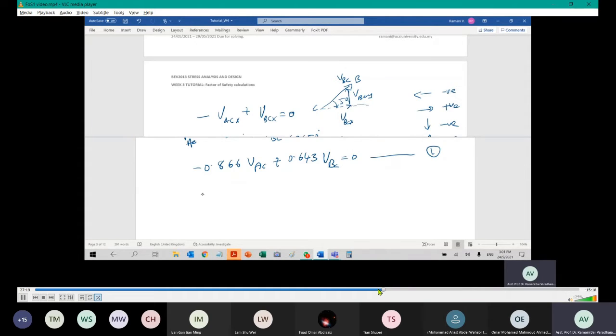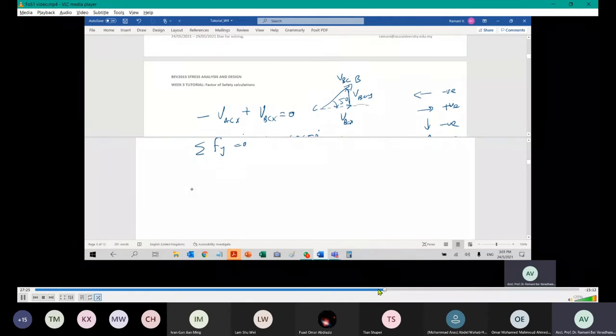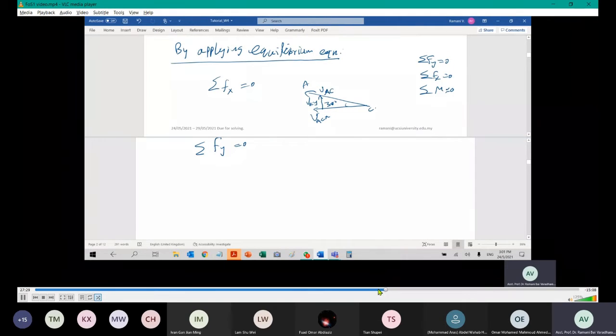Now apply the second equilibrium equation, which says sigma Fy is equal to 0. All y direction forces equal to 0. Let's use this equation for both diagrams. Let's take the first diagram, which is here, and resolve all the y direction forces, the vertical forces.